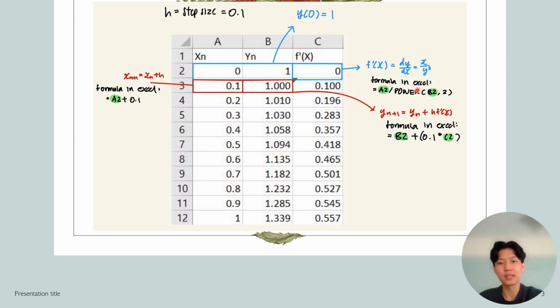So the formula in Excel is shown like this, where I take the cell value of x divided by the cell value of y squared. I use the power function in this case instead of the arrow up symbol, because the arrow up symbol is meant for a constant number, while the power function allows me to change the value inside here.